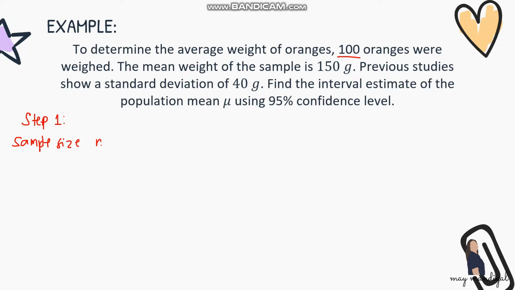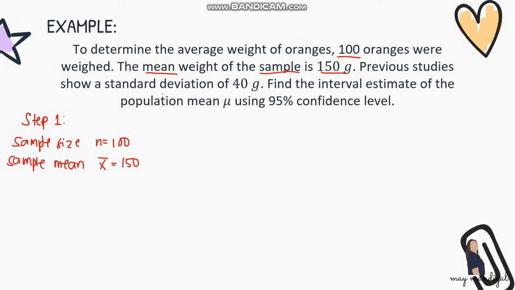The sample size n is equal to 100 because there are 100 oranges considered in this particular problem. The mean weight of the sample was already clearly mentioned here to be 150 grams. So that is our sample mean, or the x bar, which is 150.